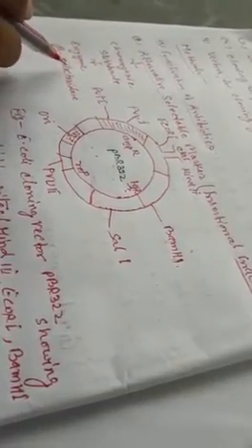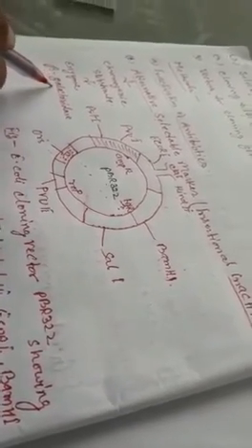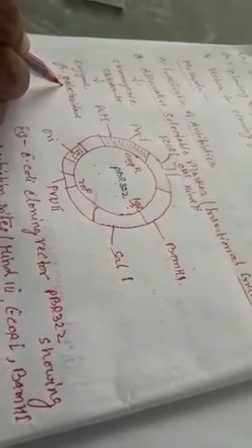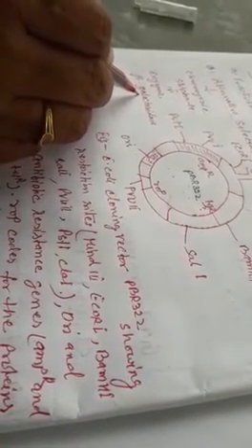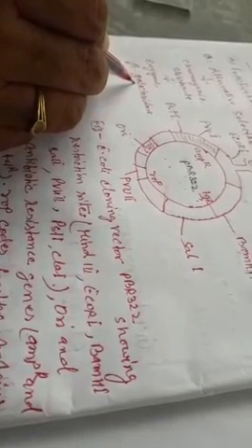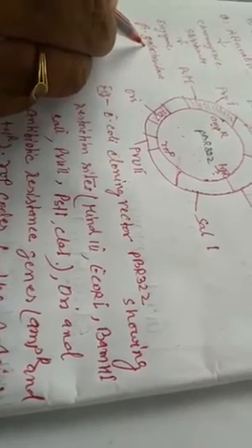So the bacterial colonies having transferred plasmid show no coloration, while those without inserted plasmid form blue colonies.